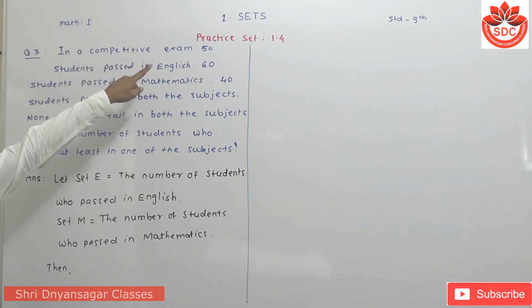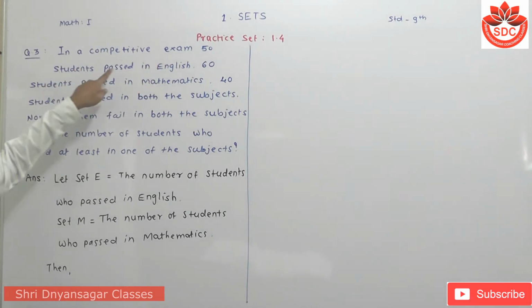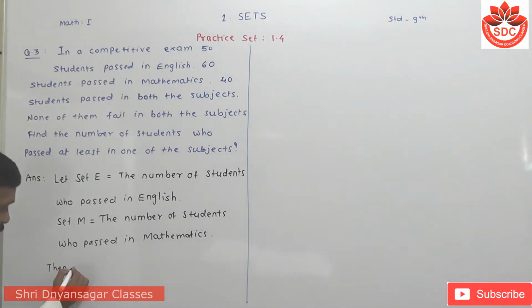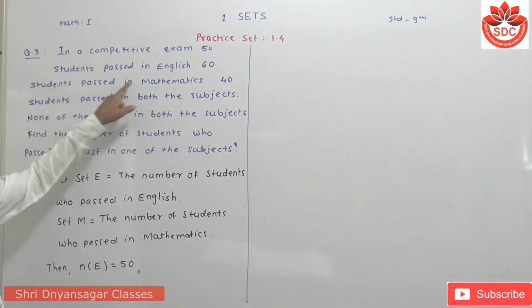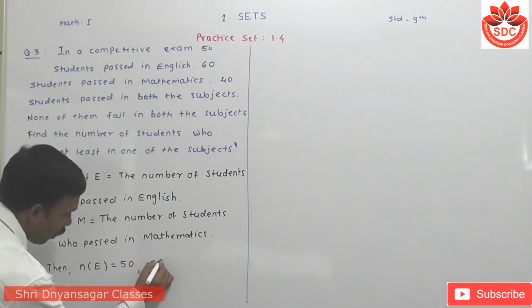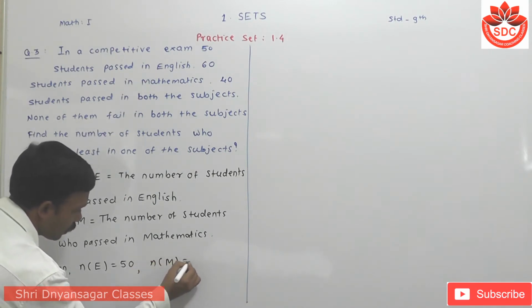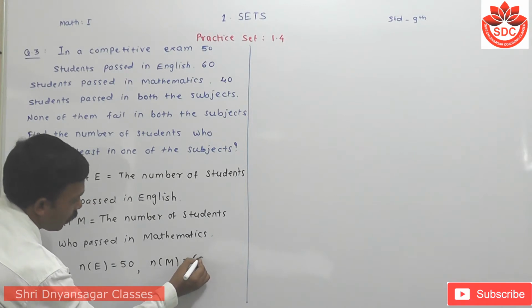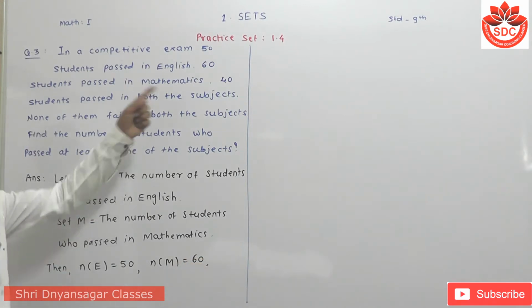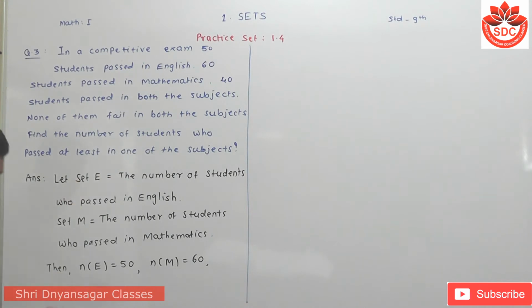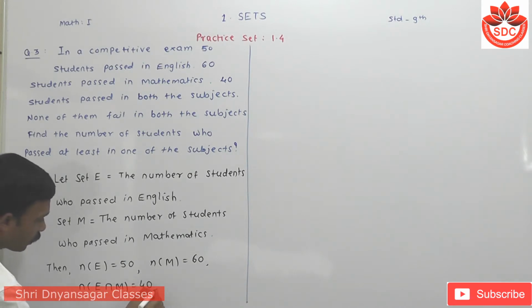In a competitive exam, 50 students pass in English, means that n(E) is equal to 50. Then 60 students pass in mathematics, means that n(M) is equal to how much? 60. Then 40 students pass in both, means that n(E ∩ M) is equal to how much? 40.